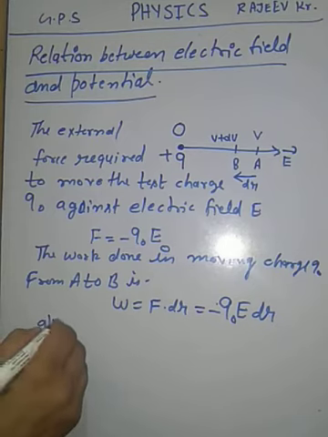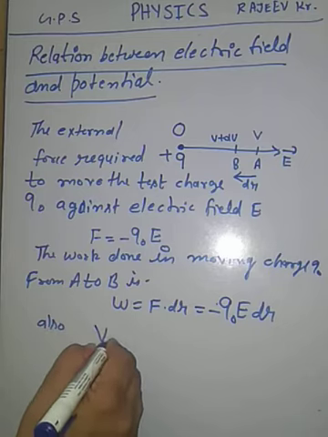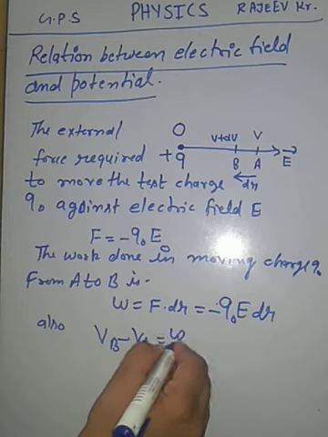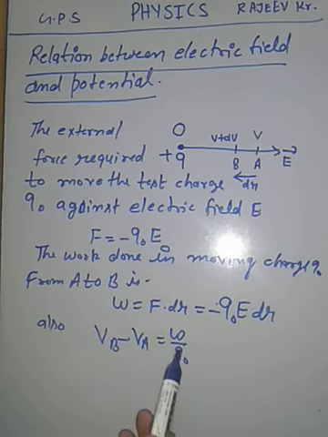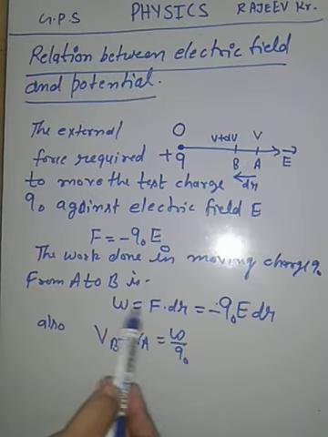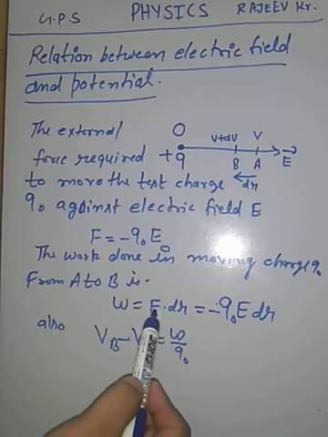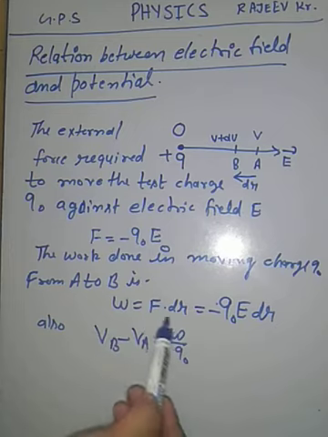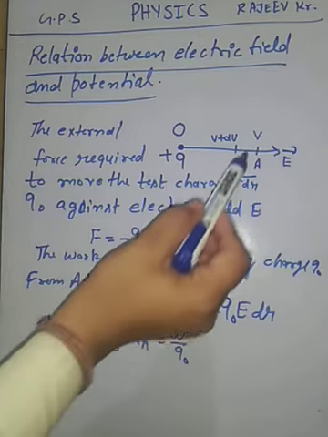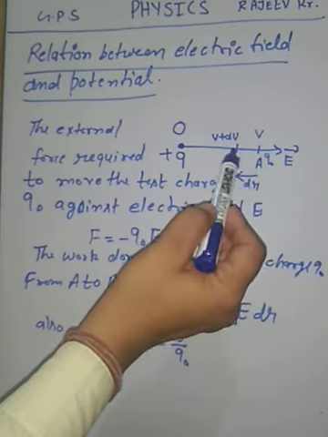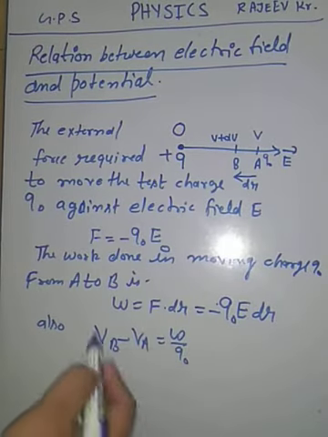Also, by the definition of potential difference, VB minus VA is equal to W upon Q naught, we can also calculate the work done in moving the charge from A to B. Means in this we calculated the work done by the formula of simple work, force into displacement. This work of moving the test charge from point A to B can also be calculated by this relation.